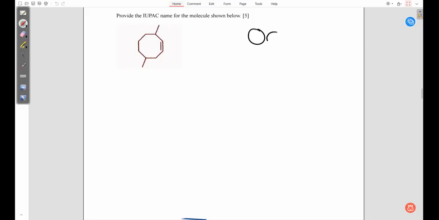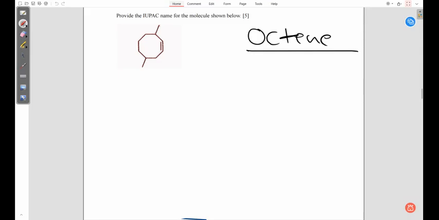Since it has a double bond somewhere, I'll call it octene. If it was just single bonds, it would have been octane. Now octene is the parent name for the cyclic compound.